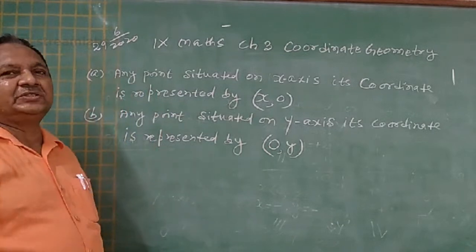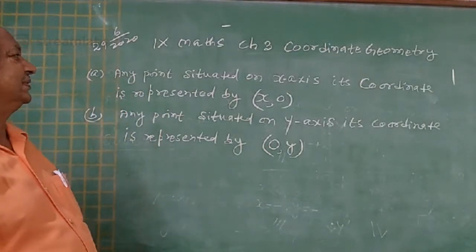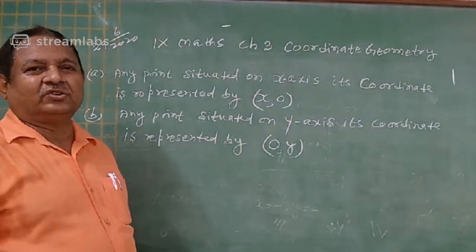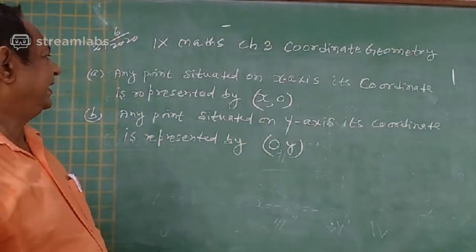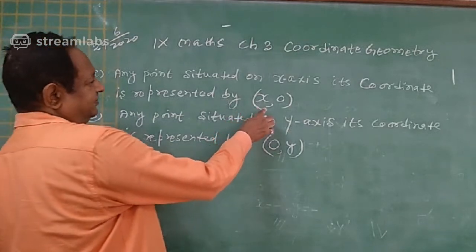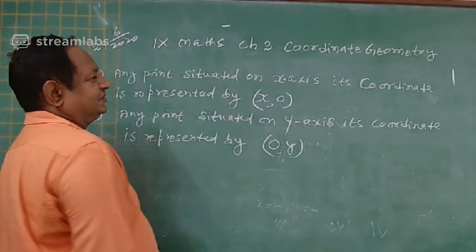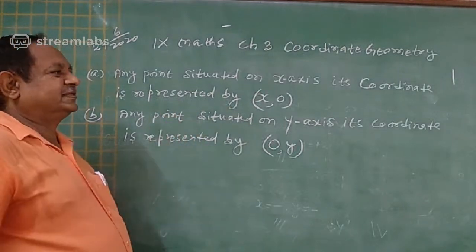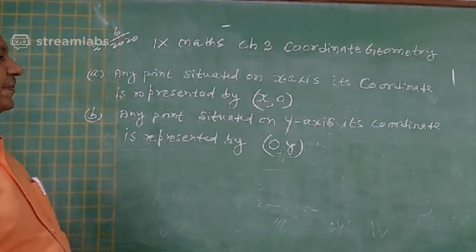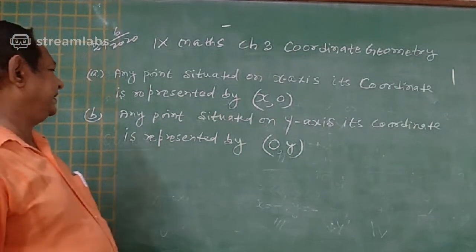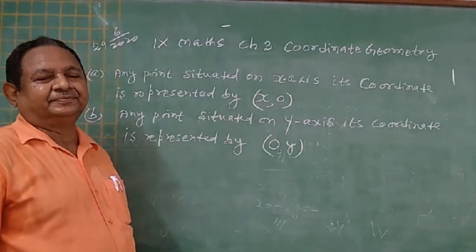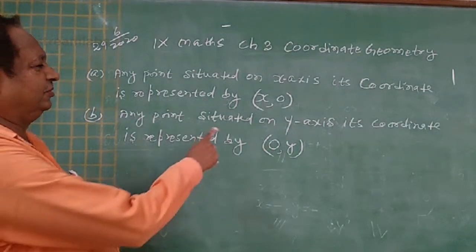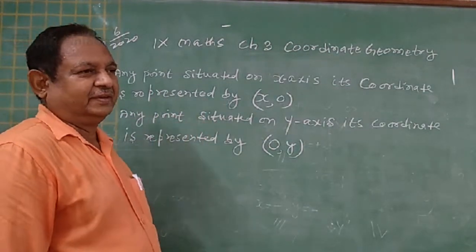Any point situated on x-axis, its y coordinate is always equal to 0 and it is represented by x, 0. And any point situated on y-axis, its coordinate is represented by 0, y. X coordinate will always be equal to 0.